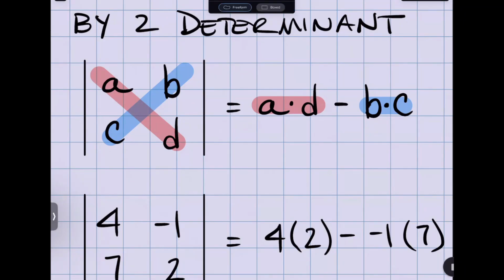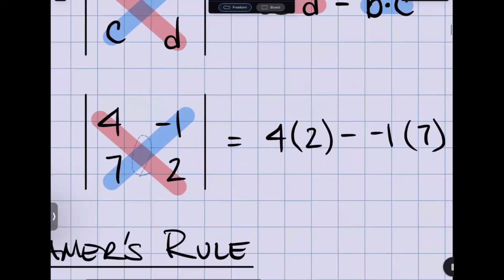If I was to take this same thing and bring it down, that's exactly what I would be doing.